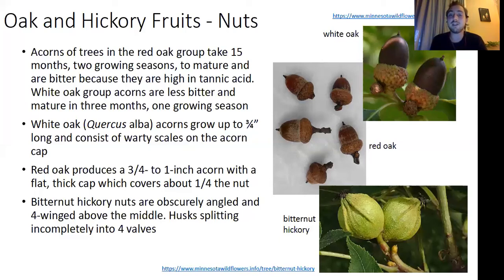If you're just looking at the catkins, the hickory ones are pretty large. They're almost a foot long when I was looking at them a couple of days ago, hanging from the tree.